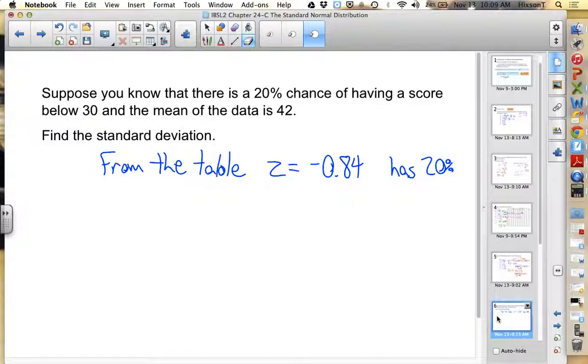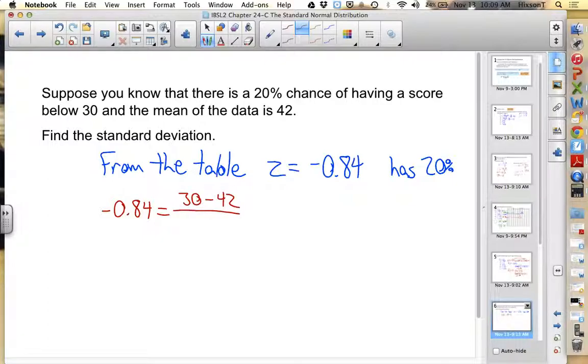Now if we're finding the standard deviation, we can plug that into our formula. Negative 0.84 equals the score, 30 minus 42, over the standard deviation. What's the standard deviation? We don't know, so you just leave the sigma in there.